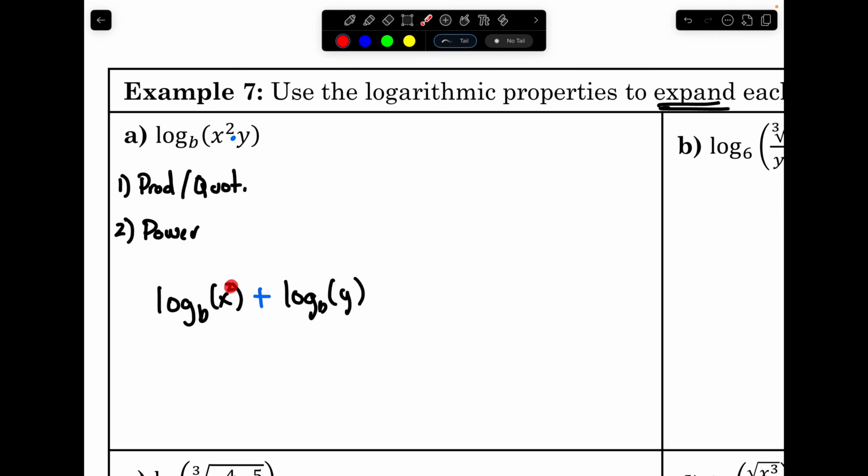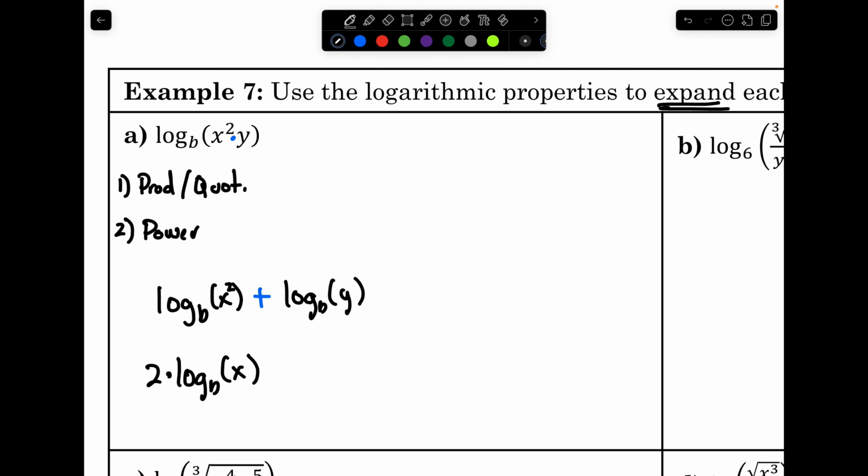Since x is raised to the second power, we can pull that to the front and multiply the log base b of x with the number 2. Since y doesn't have an exponent, well, technically it does. It has the exponent of 1. We can multiply the log base b of y with that value of 1.